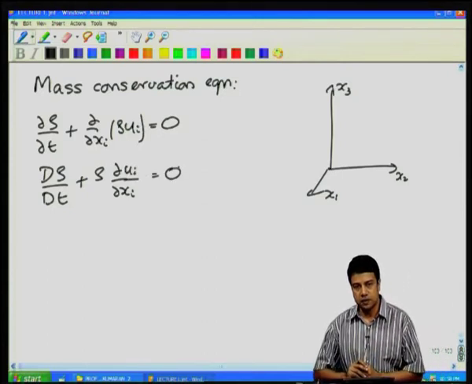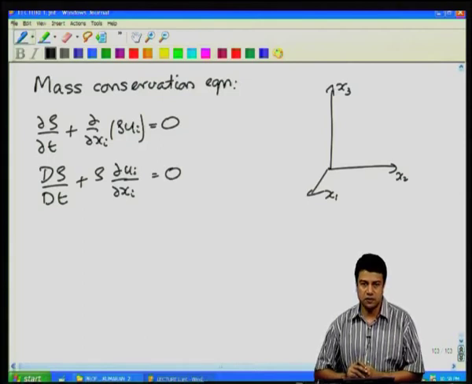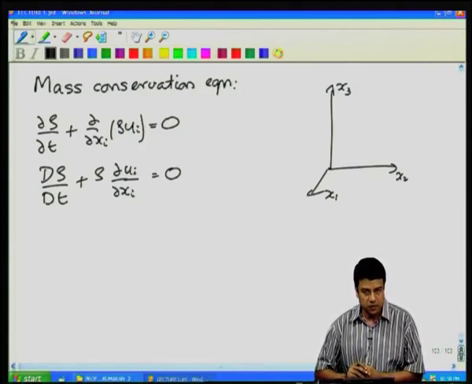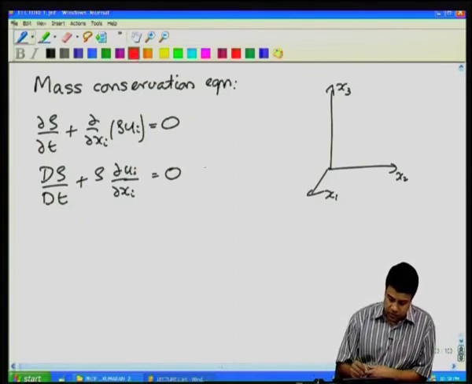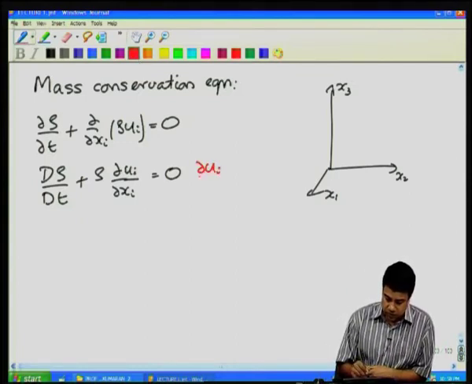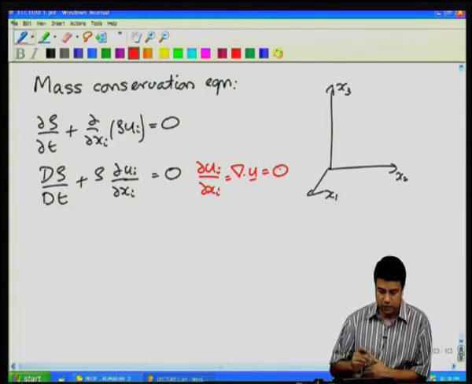D rho by Dt plus rho times divergence of the velocity field is equal to 0, and if the fluid is incompressible, the equation just reduces to partial ui by partial xi, which is equal to the divergence of the velocity is equal to 0.